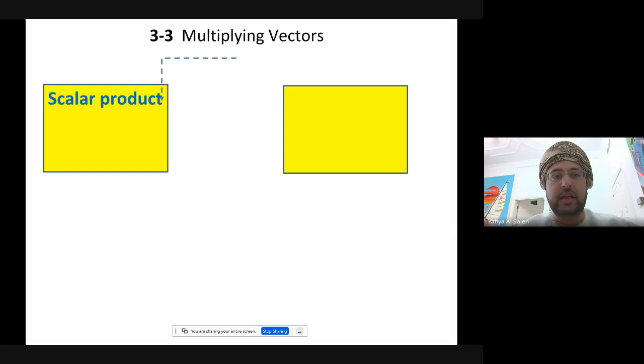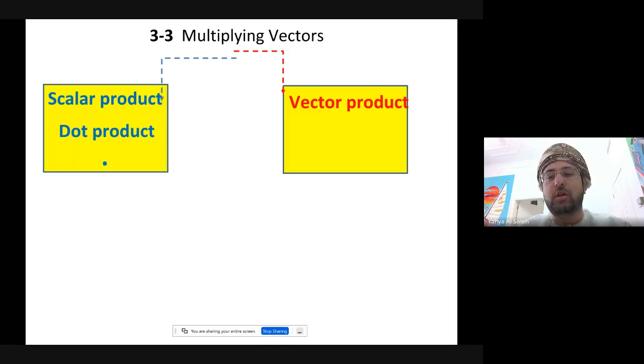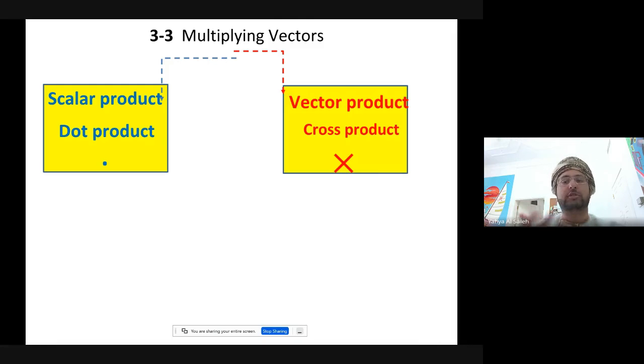We have two types of multiplying vectors. We have something called the scalar product, or more commonly known as the dot product, because we denote it using a dot. And then we have what we call the vector product, or the cross product, and we denote it using the familiar cross for multiplication.